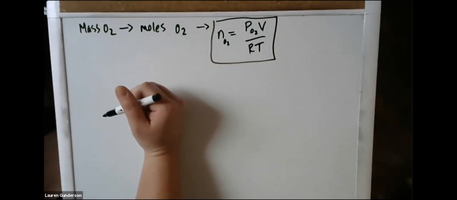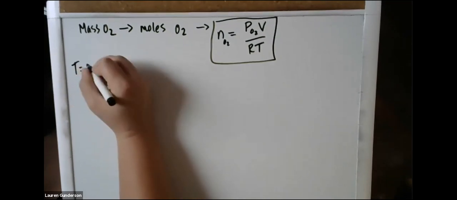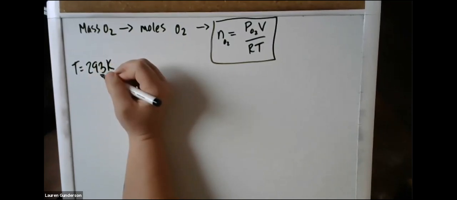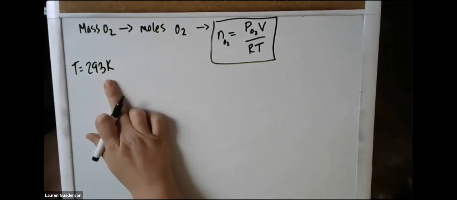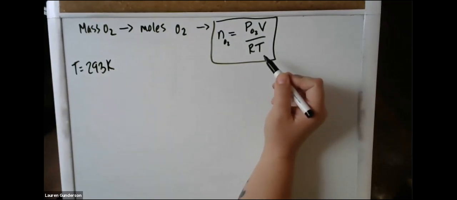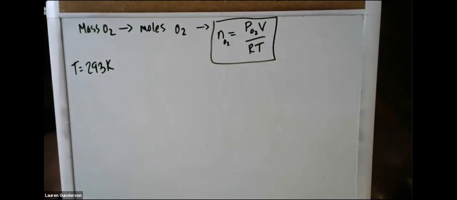All right, so what other information are we given here? We have a temperature of 293 Kelvin. Now, it's nice that temperature is in Kelvin because we can plug it directly into our ideal gas law. But the temperature on our vapor pressure chart is in terms of Celsius.